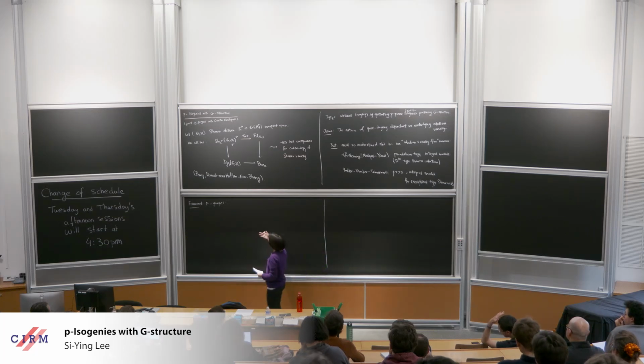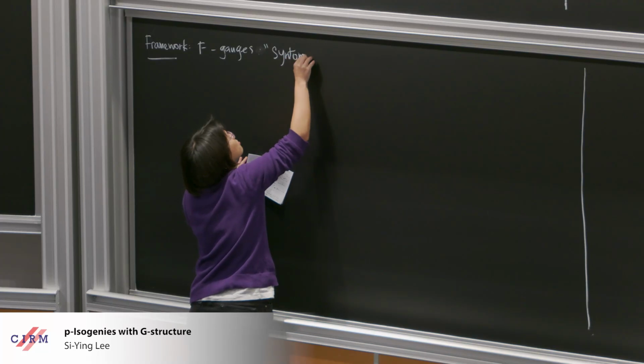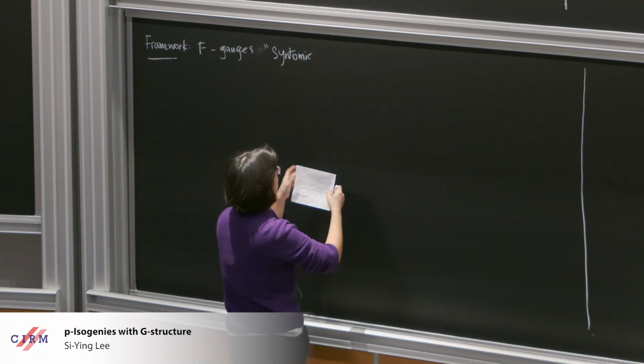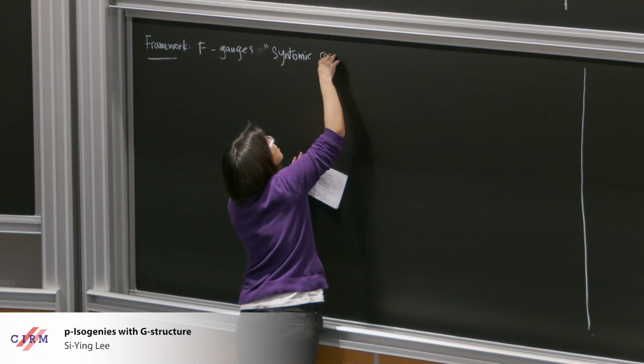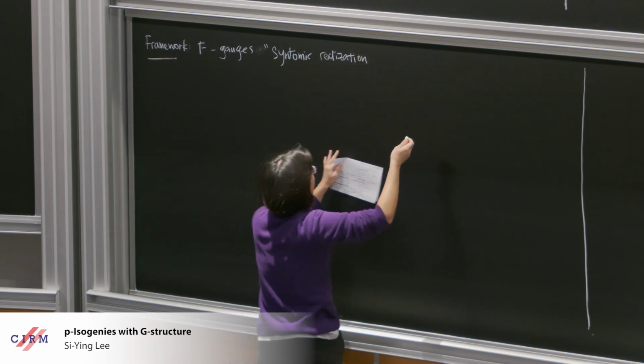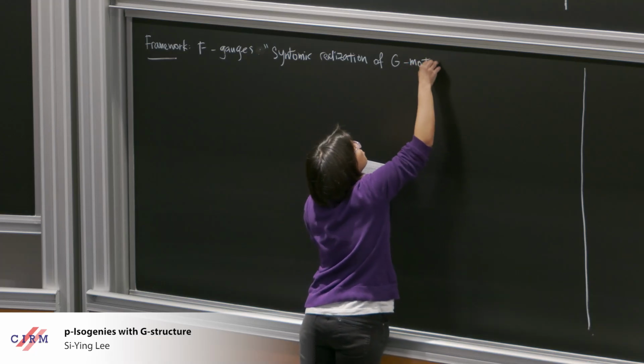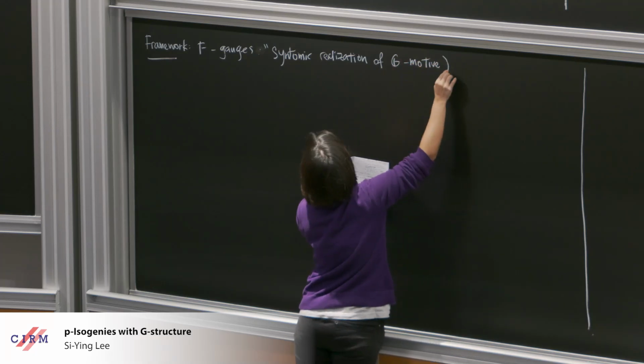One realization, of course, is the prismatic realization. So this F-gauge is, maybe I shouldn't say prismatic, really some kind of syntomic realization, or at least the way to think about it is as a syntomic realization of the underlying motive, if there was indeed this motive attached to it, or this G-motive. I guess it should be the bold G.